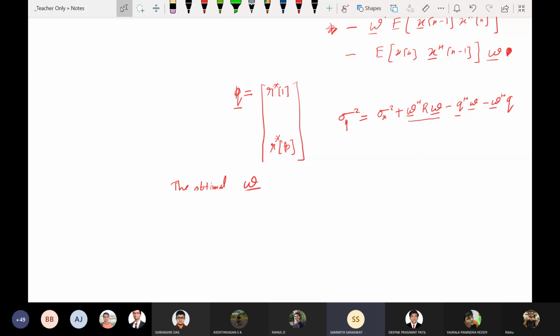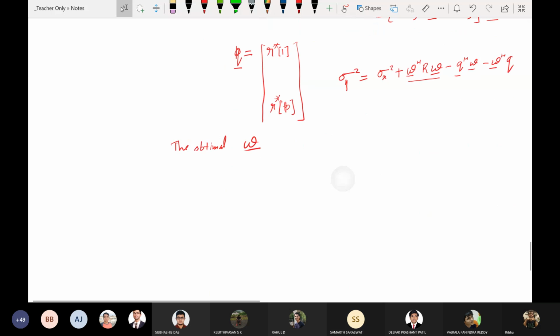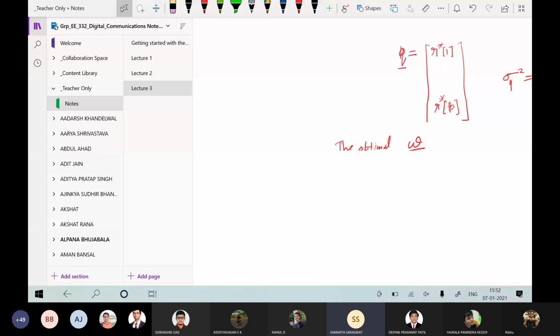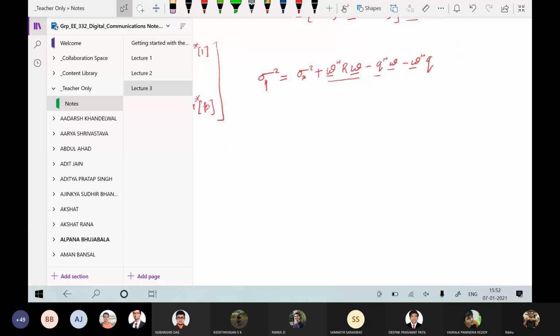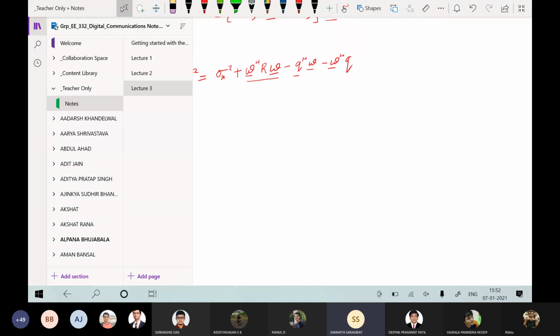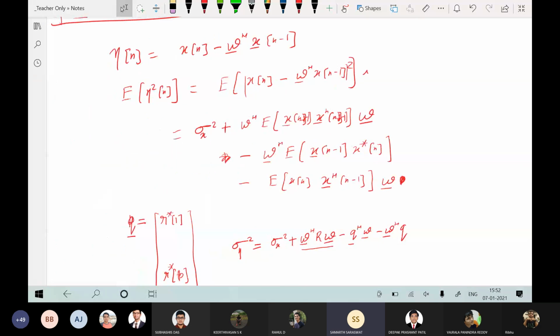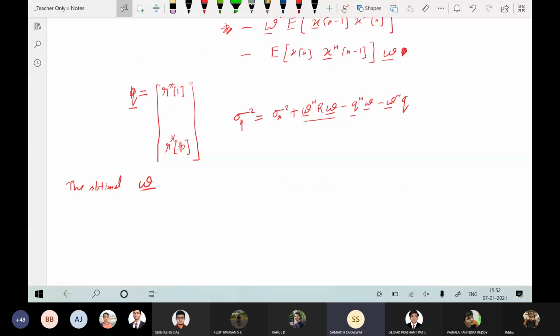What I am doing is that I'll write the scalar form of Euler equations. So we are stuck anyway. Now I'm just simply writing the scalar form.